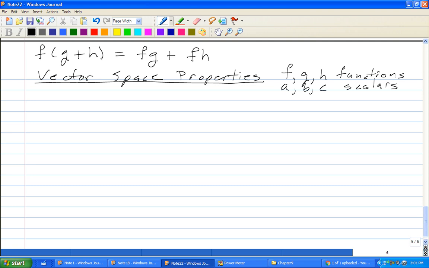Okay, so first, closure for addition. So we've already given that property. Actually, a lot of these properties will be almost the same as for a field. And so, well, if f and g are functions, then f plus g is also a function.